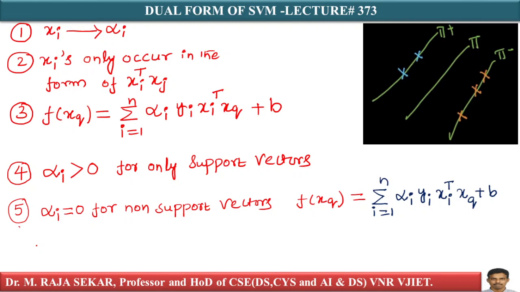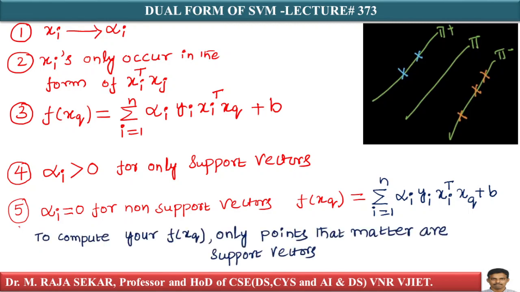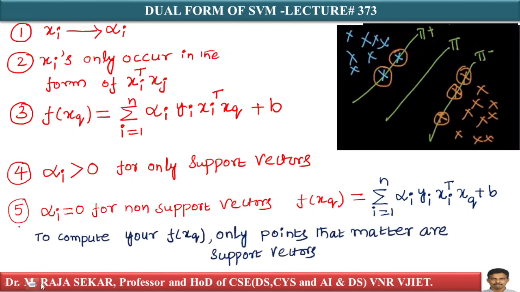For example, imagine I have more positive points. Just see, I am adding more positive points this side, and more negative points this side, means more positive points above pi plus, more negative points below pi minus.